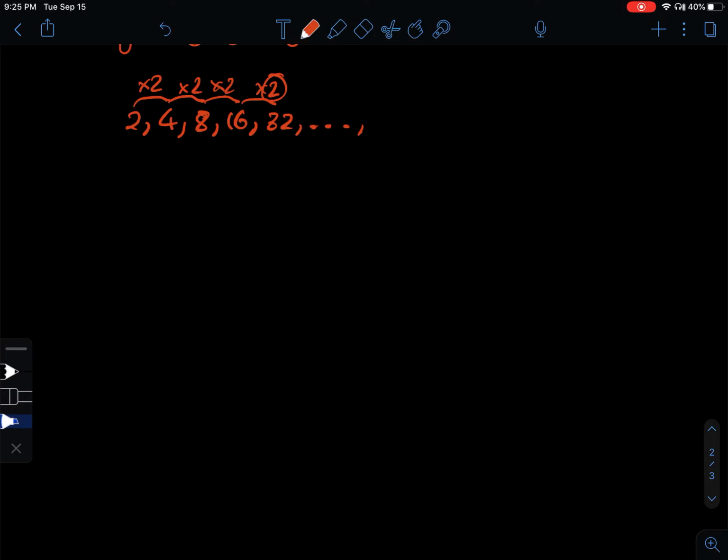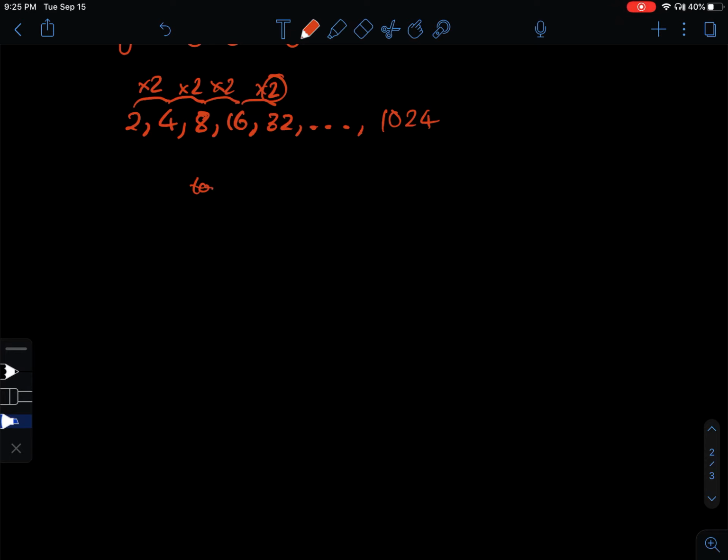Or instead of 1024, how about 2048? Or actually, let's just keep it at 1000. I like this number. So let's try to look for a better approach. Now, if you notice, each and every one of these terms are powers of 2. So let me write it like this.